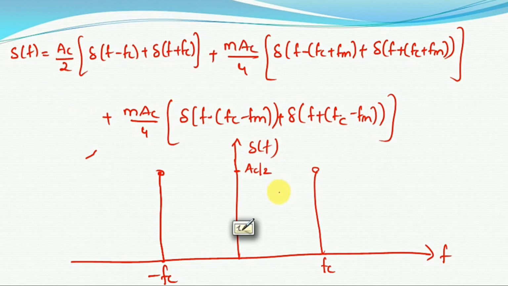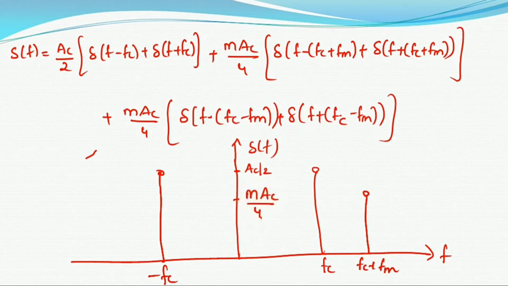So the third frequency component is Fc plus Fm with an amplitude m into Ac by 4. The fourth frequency term is Fc plus Fm with a negative frequency shift, so I can write it as minus of Fc plus Fm with an amplitude m into Ac by 4.